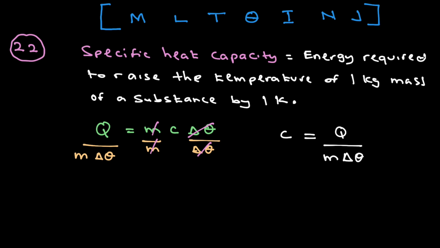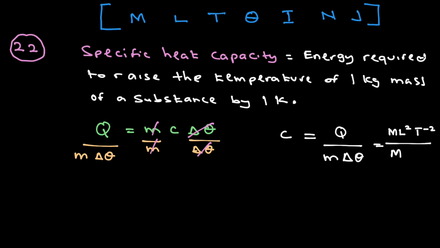And the dimension for energy, we know what that is: mass times length squared, time to the power minus 2. And for mass, it's going to be mass in the denominator, and Q, change in temperature.